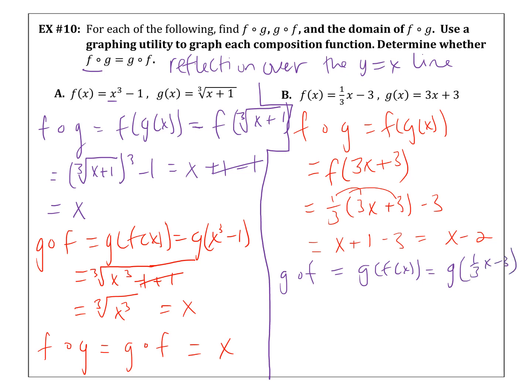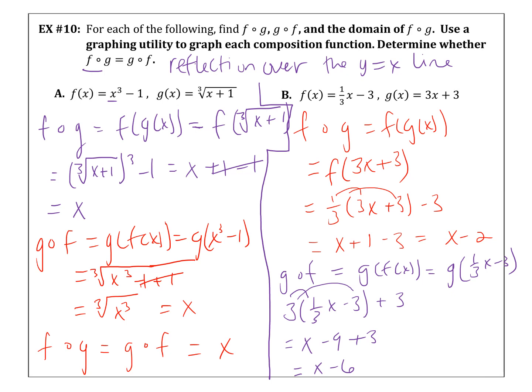When I substitute that in, I end up with 3 times (1/3 x minus 3) plus 3. Again, we distribute 3 times 1/3, 3 times negative 3, and we're left with x minus 9 plus 3, which gives us x minus 6.